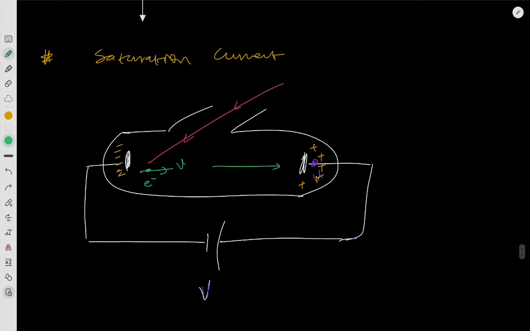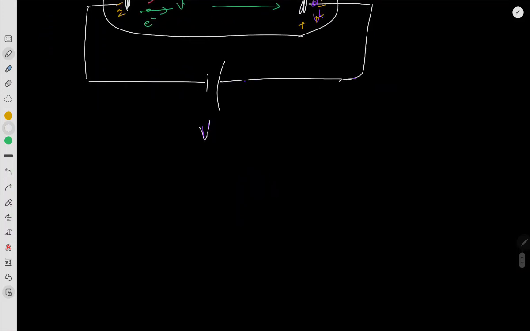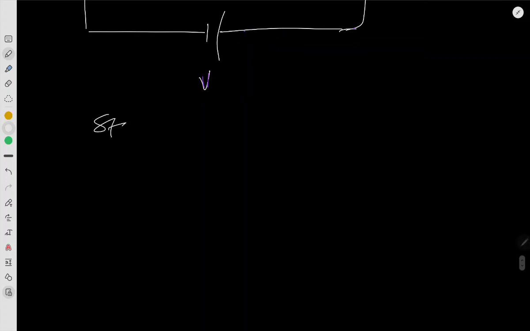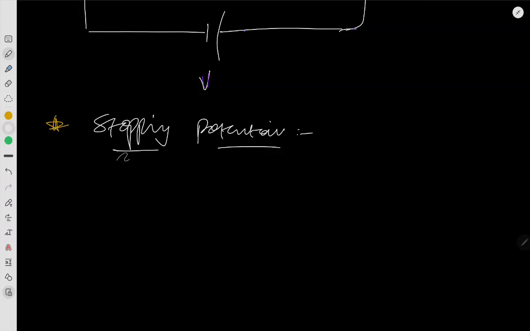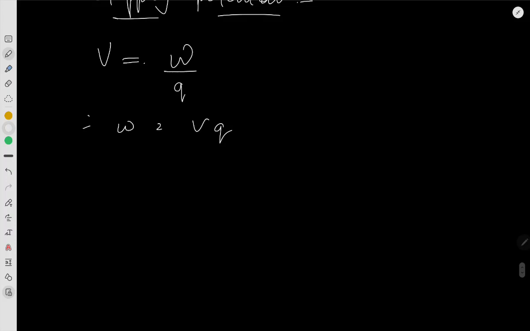So now let us write these things mathematically. For our stopping potential, we first know that V, the potential, must be equal to work done per unit charge. So from here we can infer that W equals VQ, and as it is an electron, we write Q as e, so W equals eV.